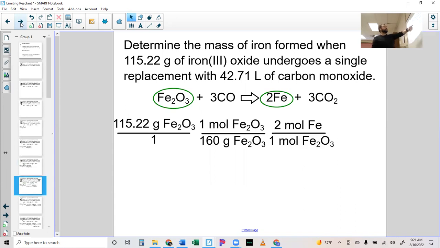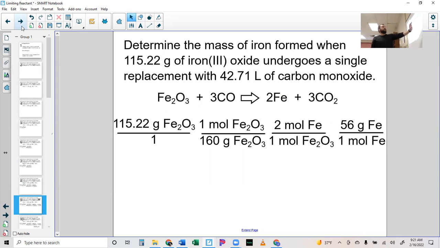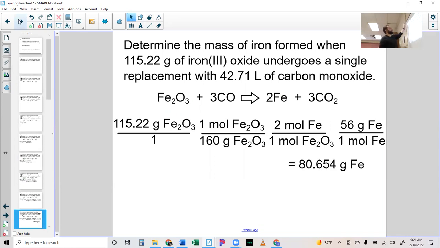So how much iron is in there. For every 1 mole of iron 3 oxide, we're given 2 moles of iron solid. And then we're going to use the molar mass of iron to find out how many grams of iron we're left with. So we get 80.654 grams of iron based on how much iron 3 oxide we are given.